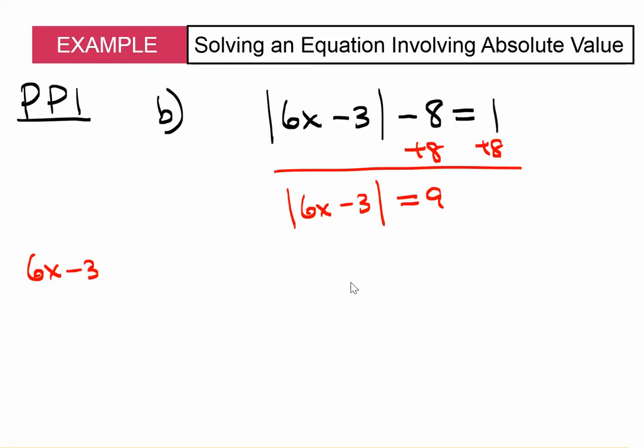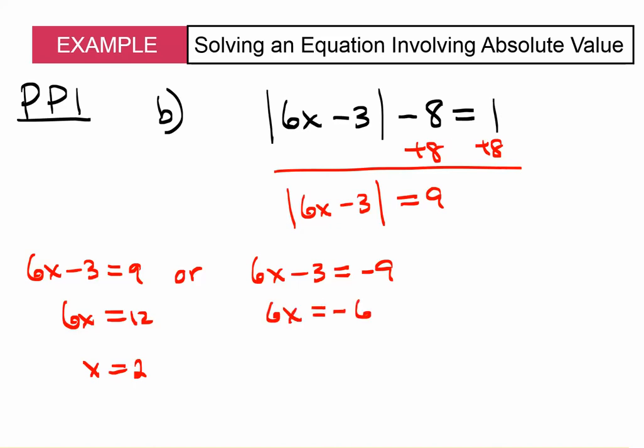So 6x minus 3 is equal to 9, or 6x minus 3 is equal to negative 9. And we're going to solve each of those cases. So adding 3 to the first case gives you a 12, divided by 6 should give you just a 2. On the other one, adding 3 to both sides should give you a negative 6 this time, divided by 6 gives you a negative 1.